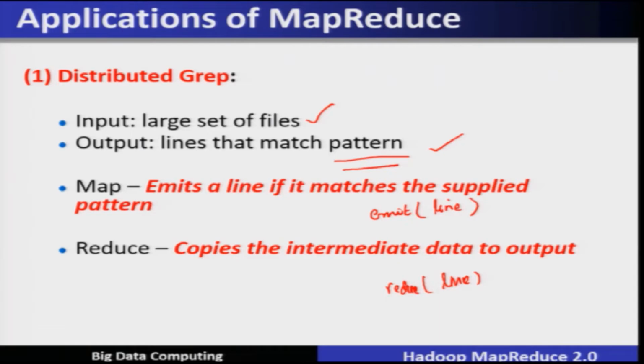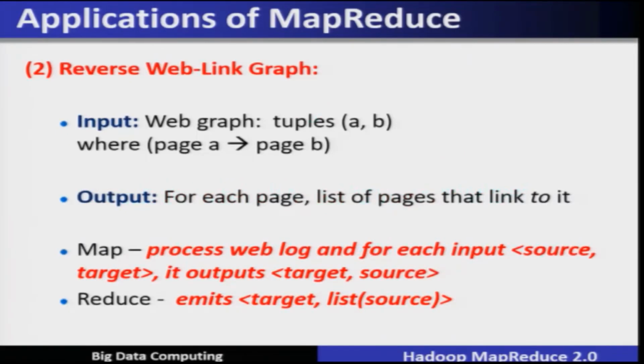Why? Because whenever the line is matched in the map function, it emits only the line, and the reducer does not have to do anything. It will copy all the intermediate data which is given by the map function, and it will output. So, this will become the distributed grep.